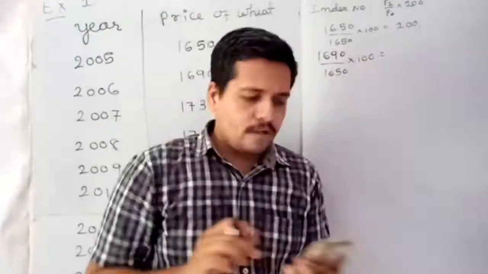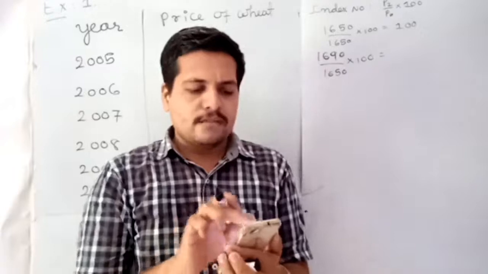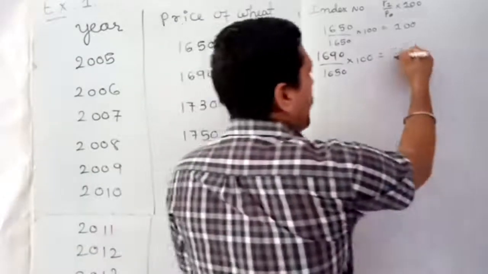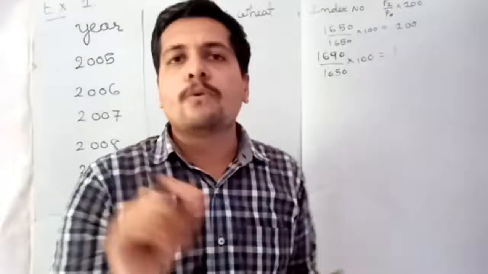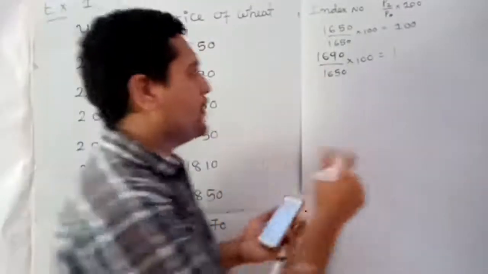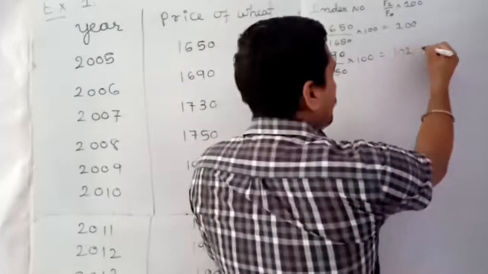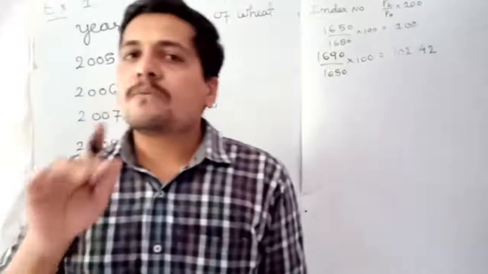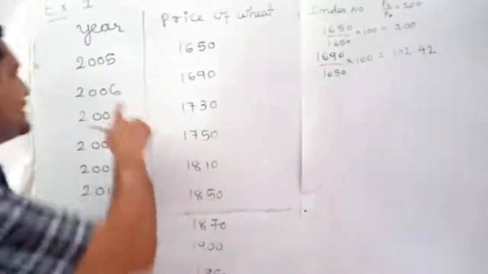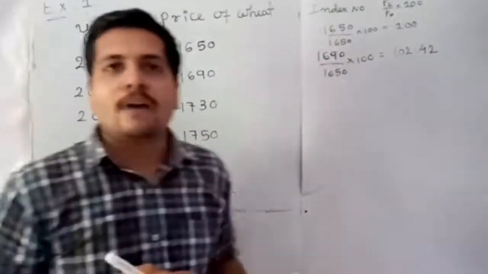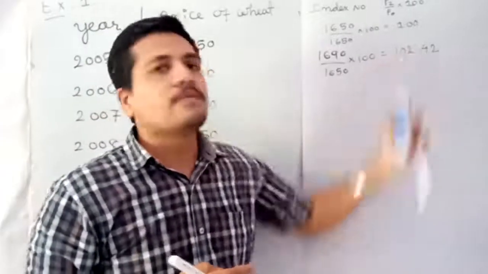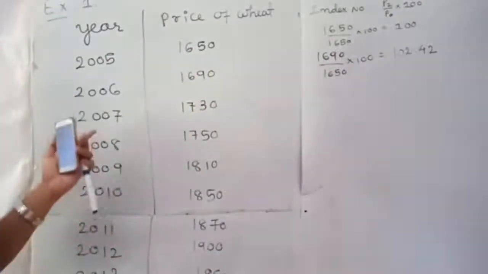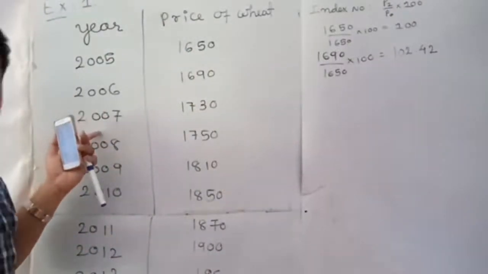So in the calculator, the ratio 1690 divided by 1650 is 1.0242, and into 100, the answer is 102.42. So the price index number for year 2006 compared to 2005 is 102.42. This is clear.